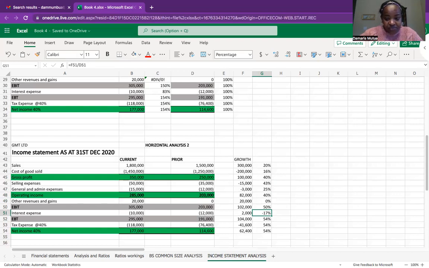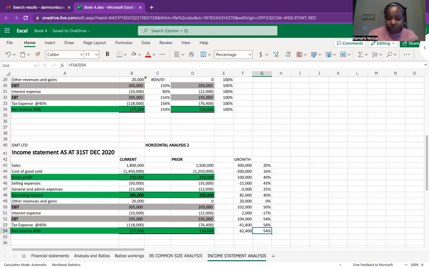Our interest expense has also gone down by 17%. Maybe we've paid off some of the debt. Our EBT has gone up by 54%. Our tax has also gone up by 54%, and our net income, 54%.